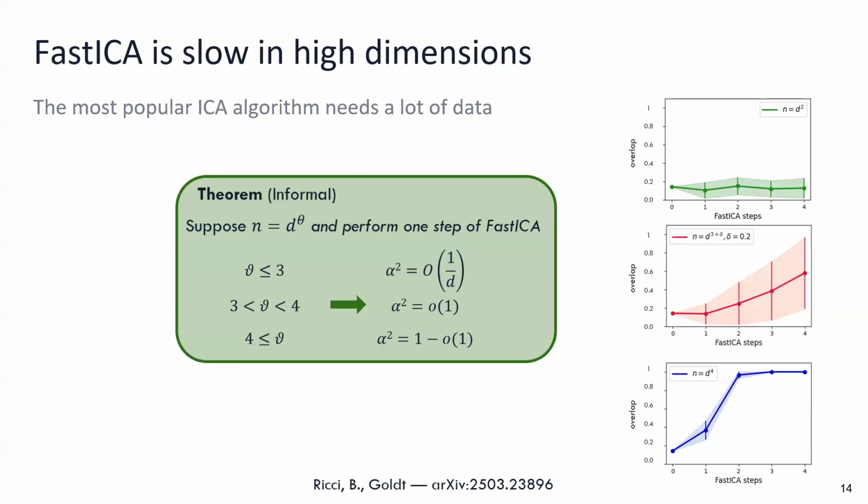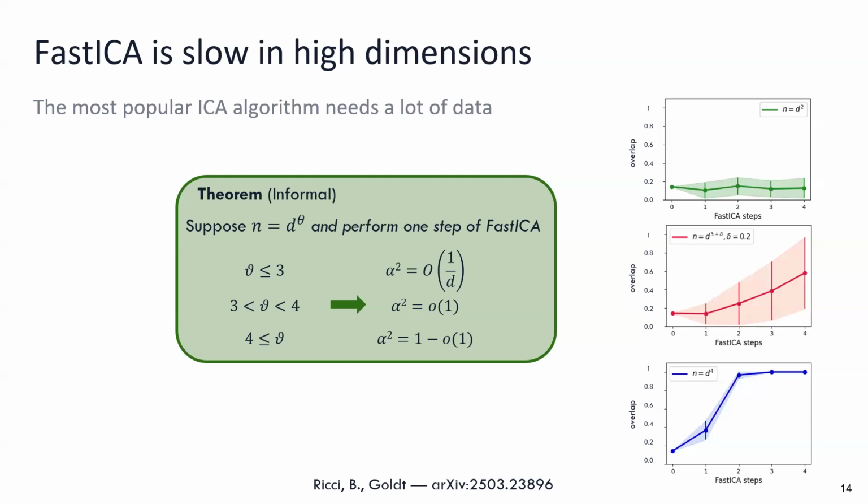And it's also possible to analyze it concretely mathematically. Indeed, what happens is that, as we expect, if your exponent theta is less than 3, in this case, and almost in this case, which is a little bit more than 3, the overlap is really of order 1 over square root of d. So it's very low.